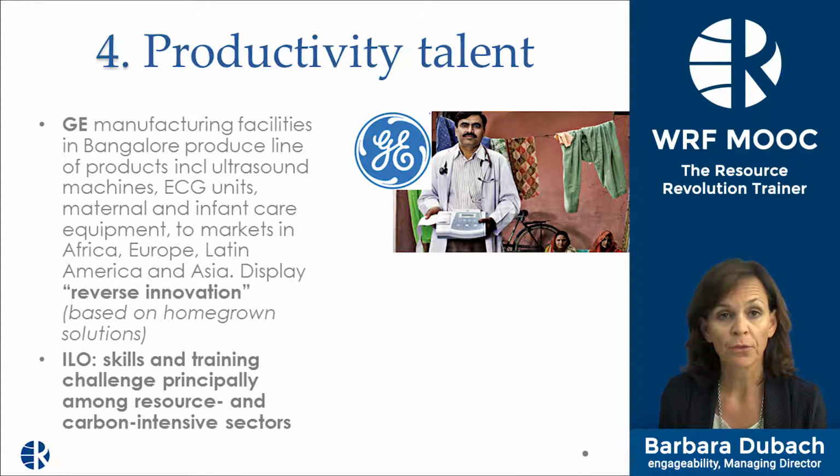A low-cost sonogram machine, as well as ultrasound machines, maternal and infant care equipment, are developed and produced in their manufacturing facilities in Bangalore, India, and are now being marketed worldwide. These products are up to 40% cheaper and expected to address up to 15% of the global healthcare equipment market.